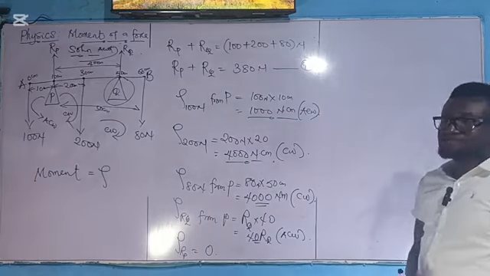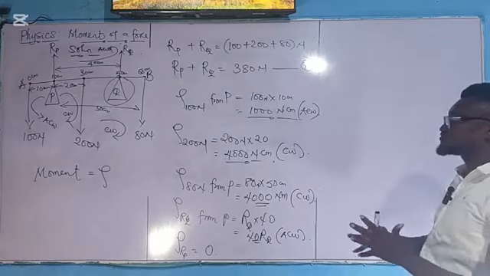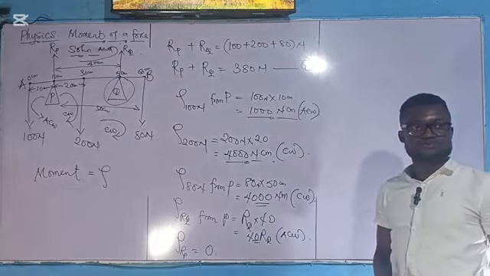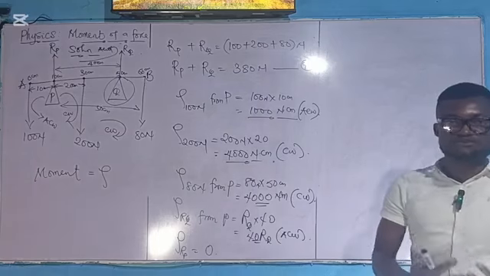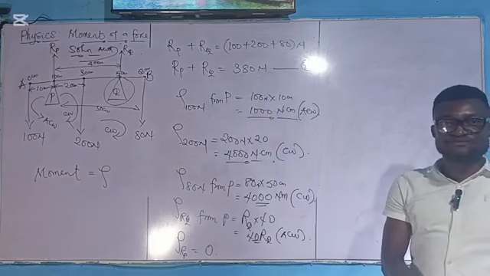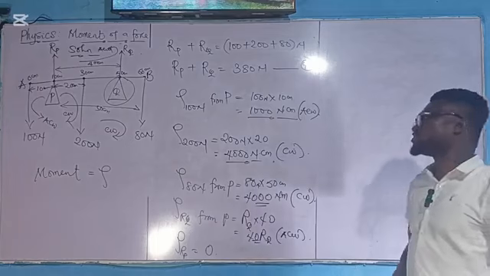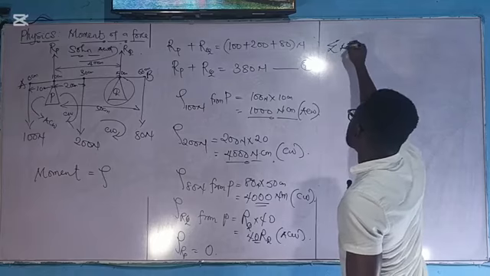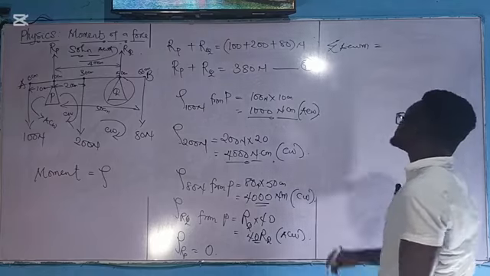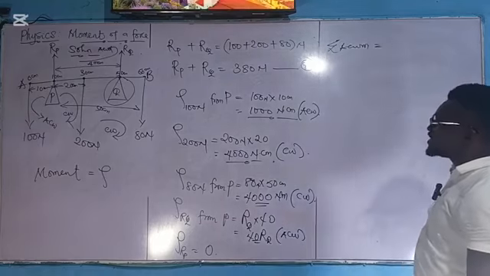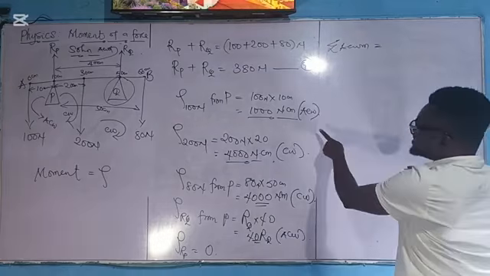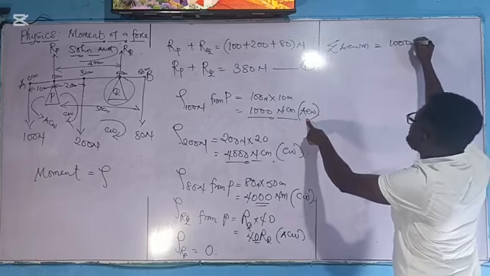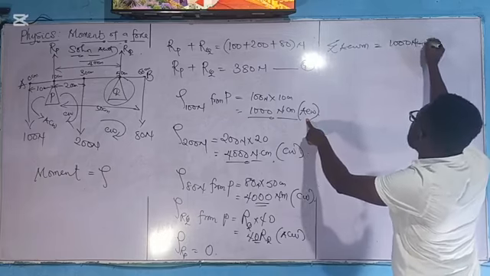So you remember the principle of moment, you have to sum up all the clockwise moments, you sum up all the anti-clockwise moments. And the principle of moment says the anti-clockwise moment must be equal to what? Clockwise moment. Now let's get the sum of anti-clockwise moments. Okay? Then we have the anti-clockwise moment, 1000 Newton centimeter.